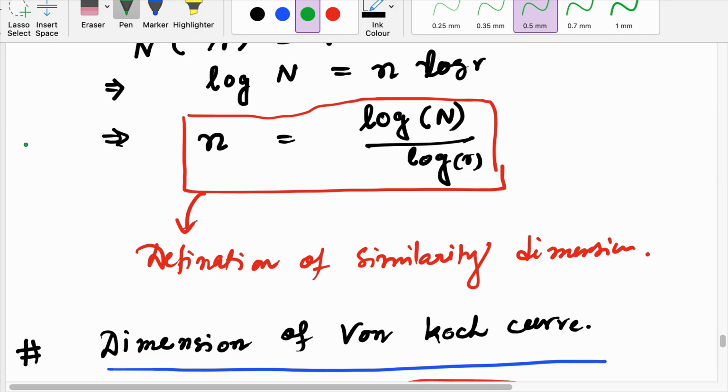So that's why if my original fractal is not exactly self-similar, we can't take a smaller part and ask how many of these copies are required to fill the whole space, because that is not the same as the whole picture.